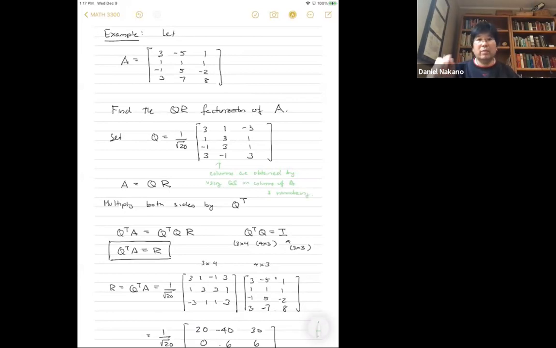So we take the columns of A, we apply Gram-Schmidt, and then we normalize to get Q. So this is an orthogonal matrix.